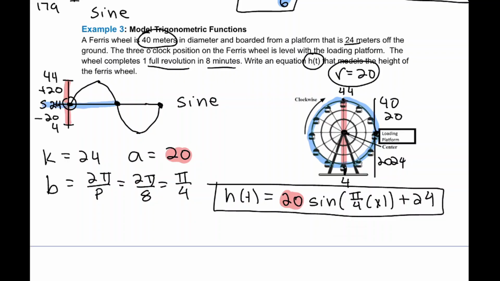Whatever my middle line is, wherever that is, that's my number at the end. Whatever my B is, I'm putting that in here. That's it. Last new thing.